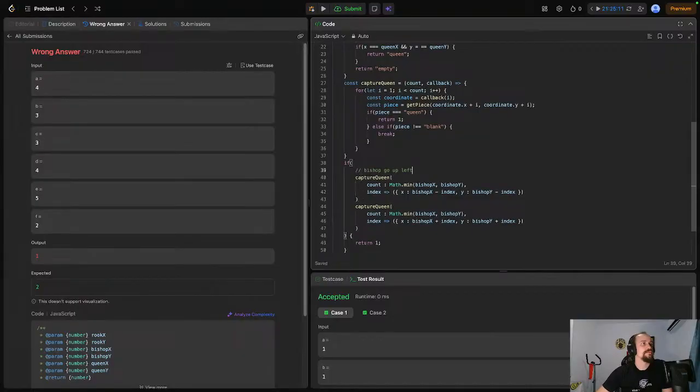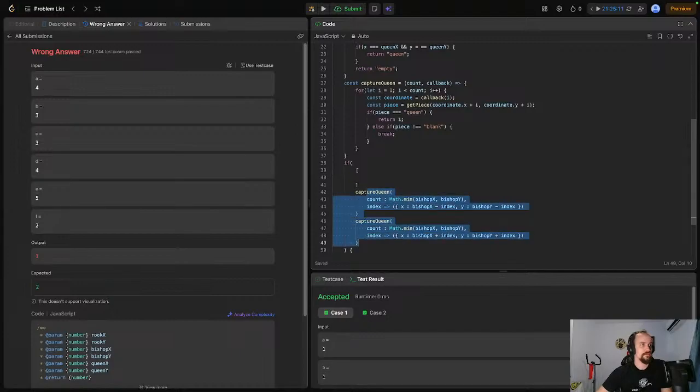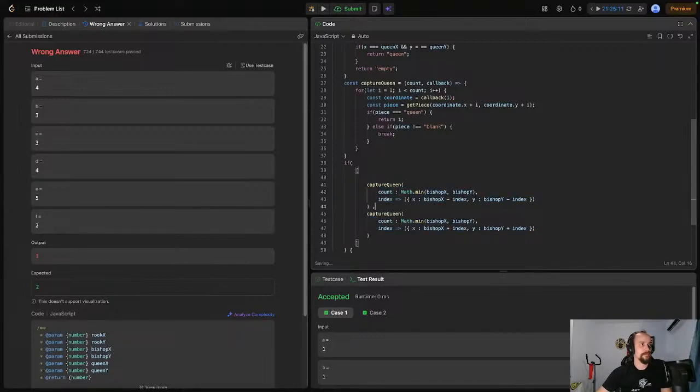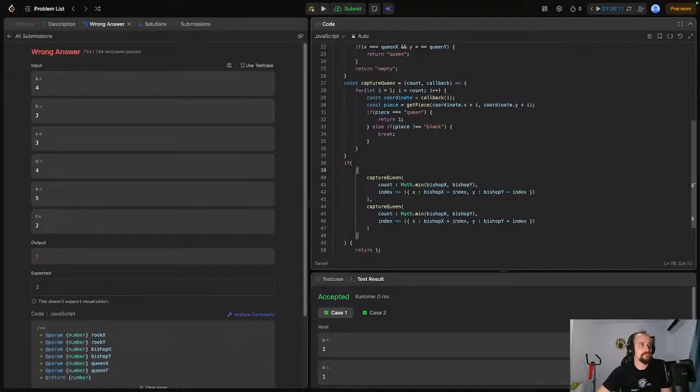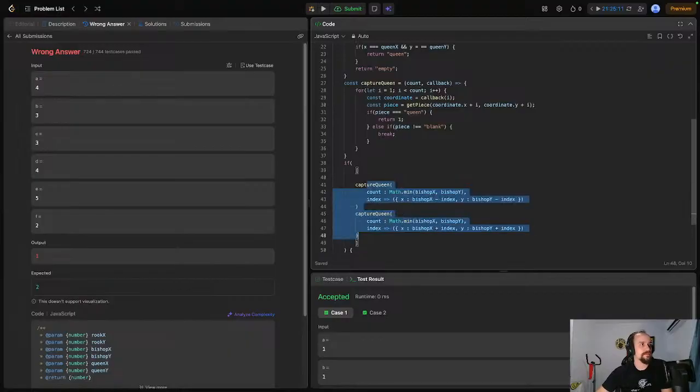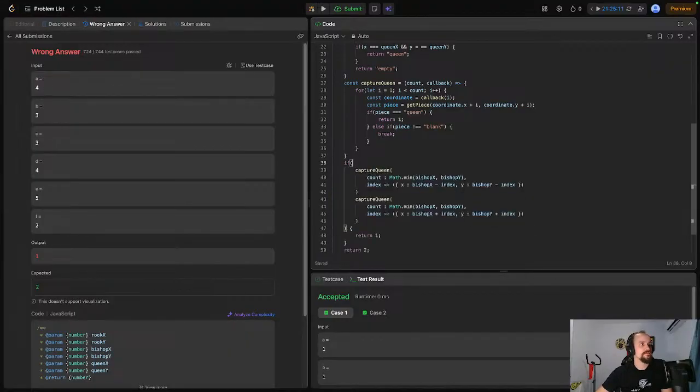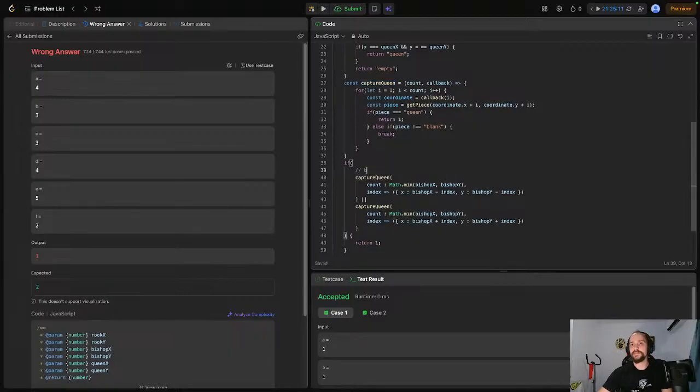And just to simplify this, we'll do an array. It simplifies it, but it's not optimal. Again, this is bishop up left. I'm only saying it's up left because it's negative index.